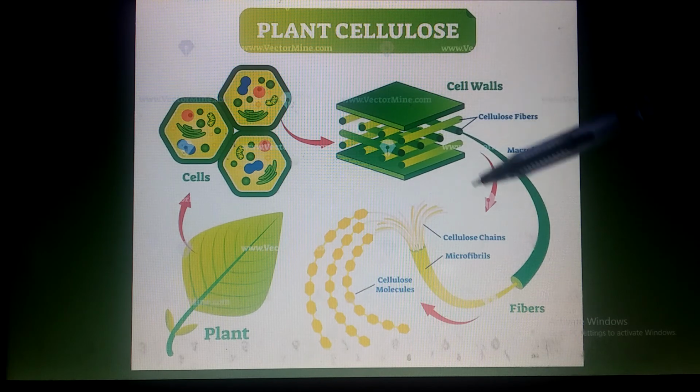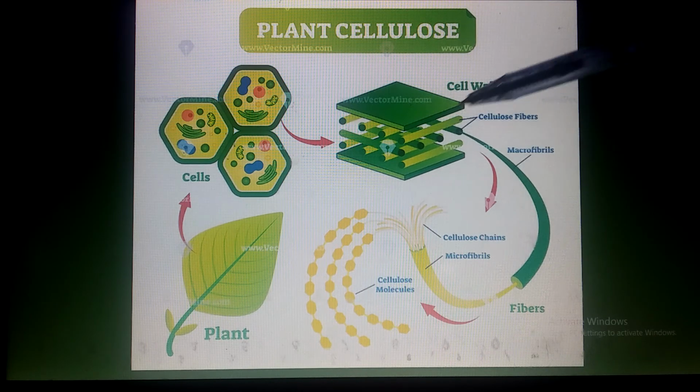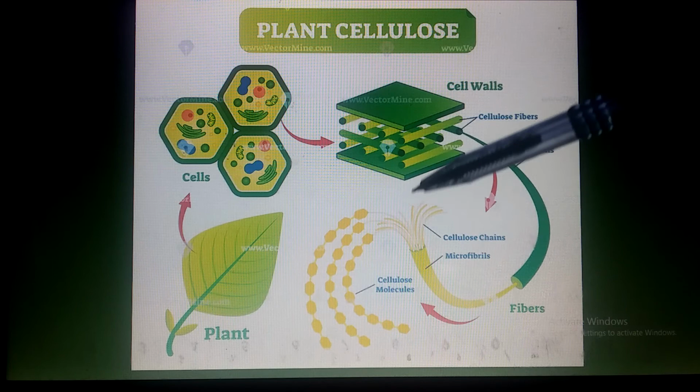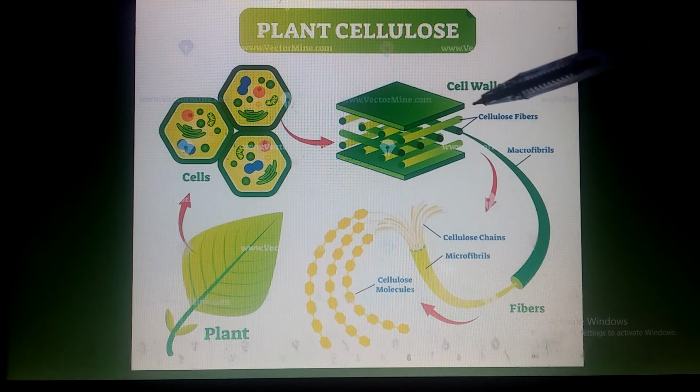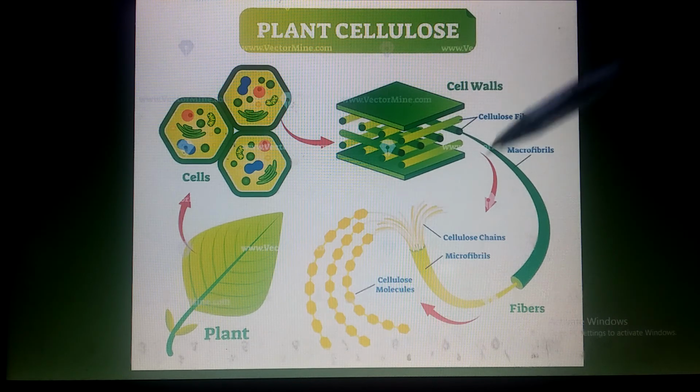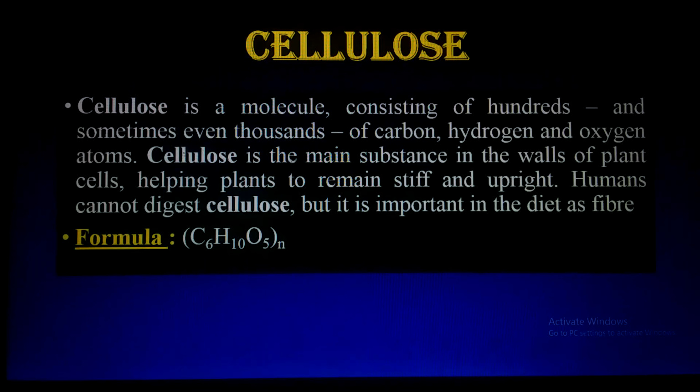The cell wall is made up of cellulose, and the cellulose is arranged in a crisscross arrangement, in order to provide strength to the plant cell. So cellulose is a molecule consisting of hundreds and sometimes even thousands of carbon, hydrogen and oxygen atoms.